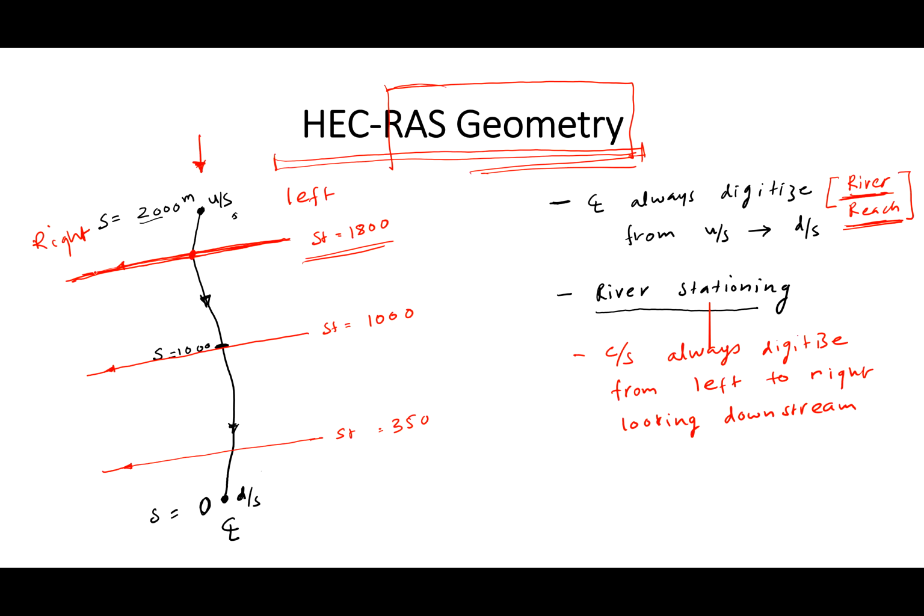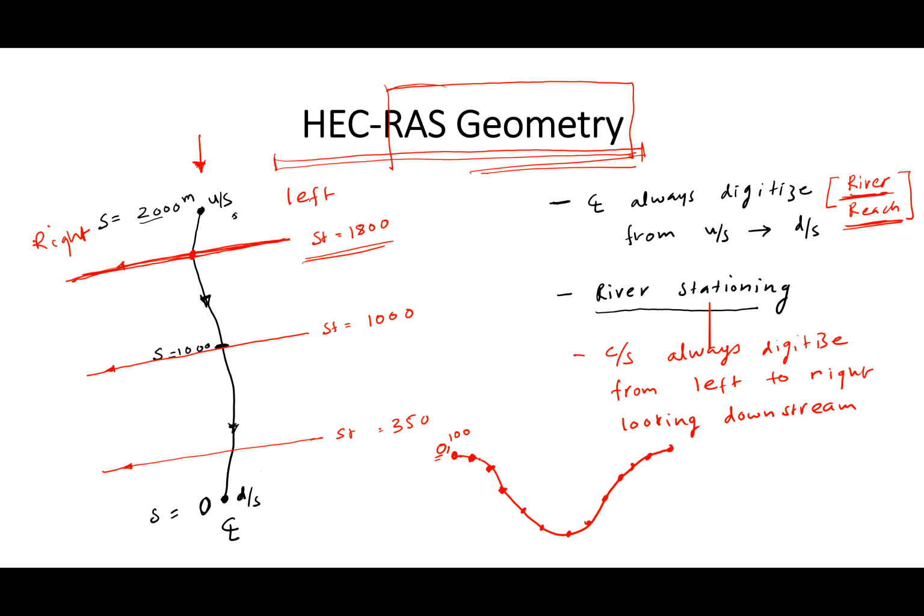We draw the cross section, but what does HEC-RAS really need? It needs the cross sectional shape. The way these cross sectional shapes are stored in HEC-RAS is with station and elevation values. Going from left to right, let's say this is my first point, the station is 0, and the elevation is 100.